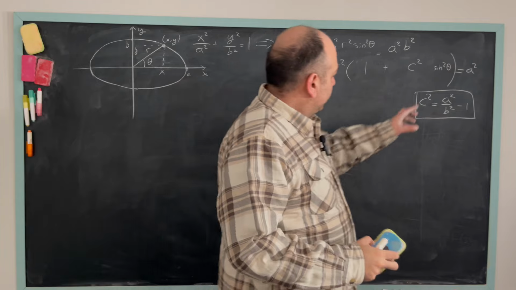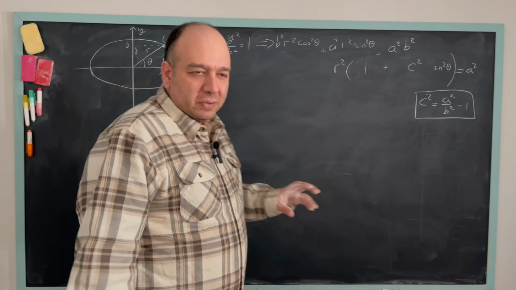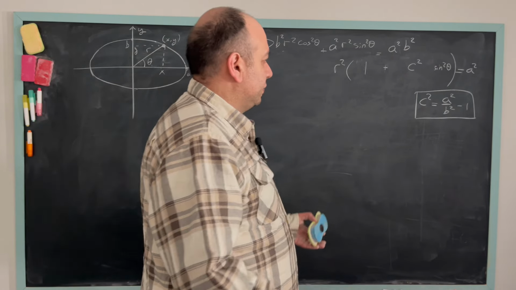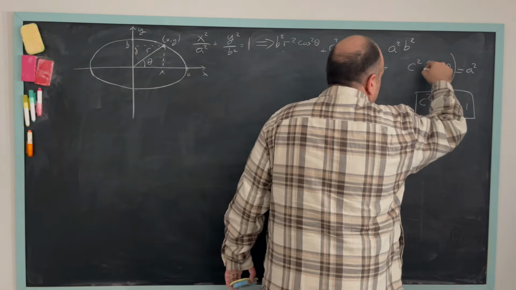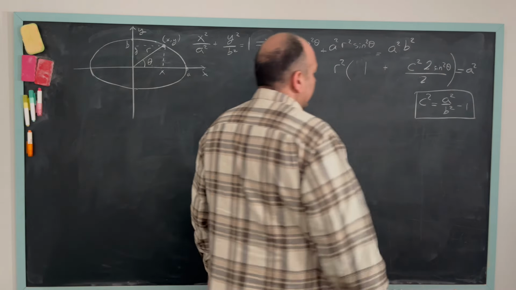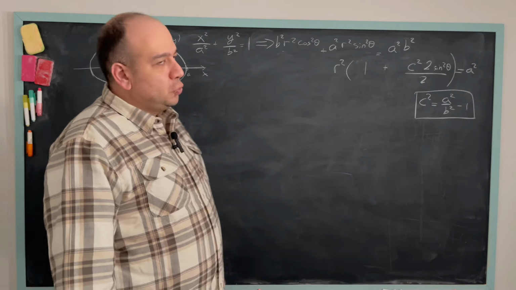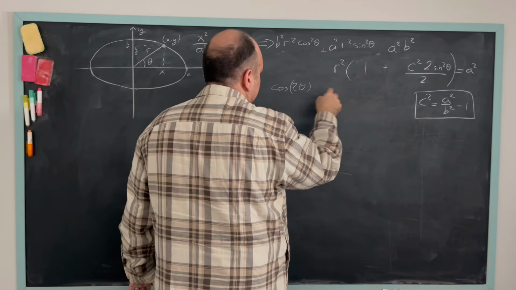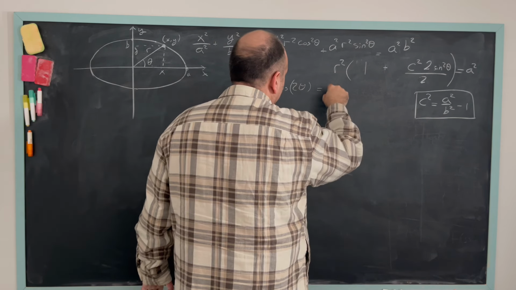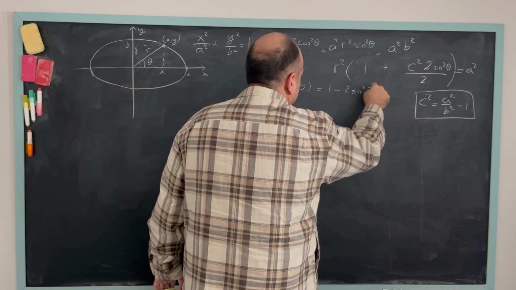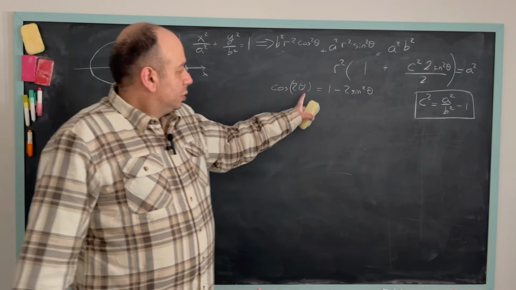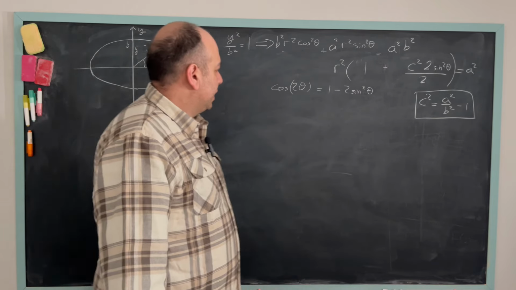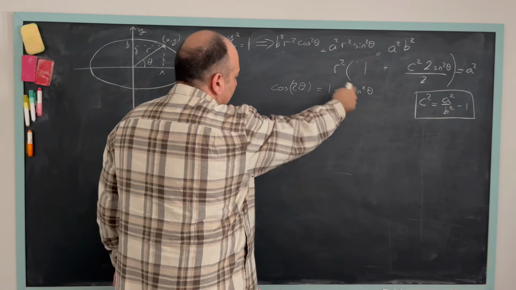I do not like to see the powers of trigonometric functions, right? Is there an easy way to turn this into a function of 2 theta? Yes. So what is 2 sine square theta? As you may remember, cosine 2 theta is equal to 1 minus 2 sine square theta, right? So using this double angle identity, you can write 2 sine square theta as 1 minus cosine 2 theta.